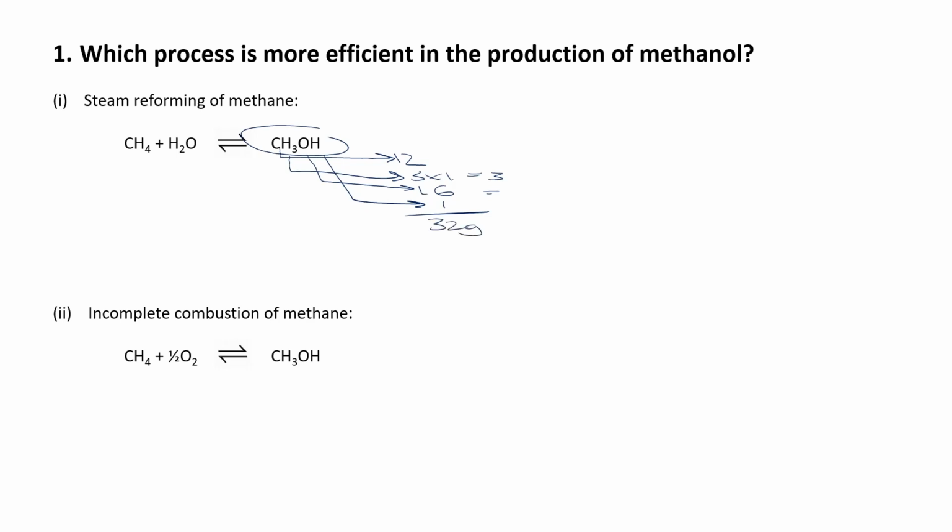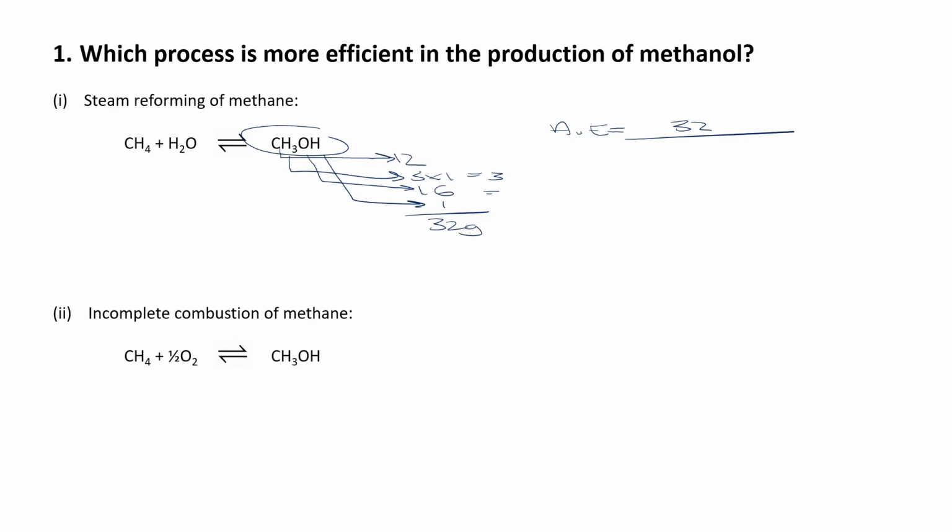We find then our total mass of product to be 32 grams. So in our equation for atom economy, we have 32 divided by our total mass of reactants.